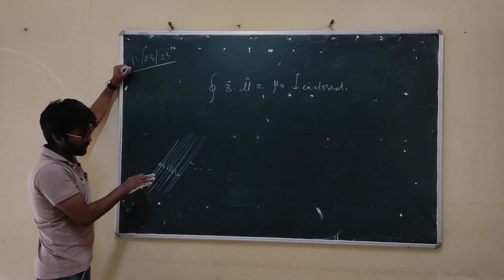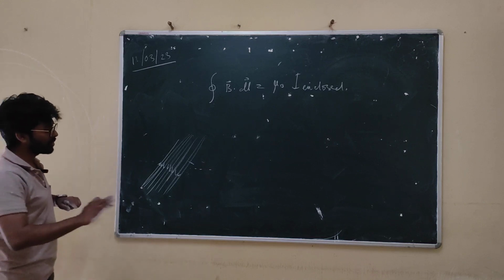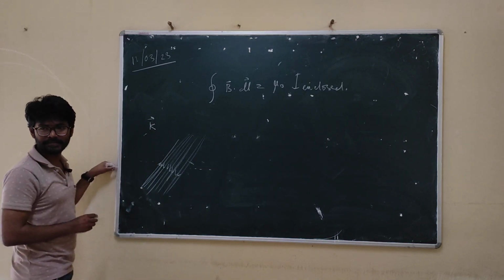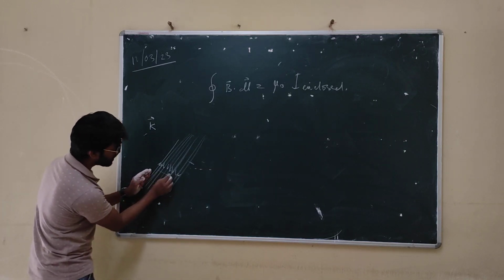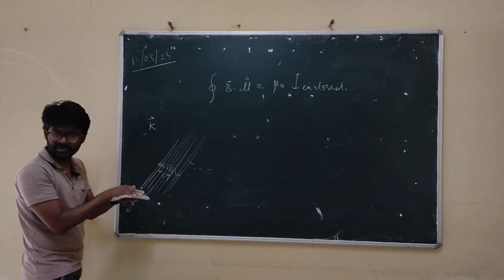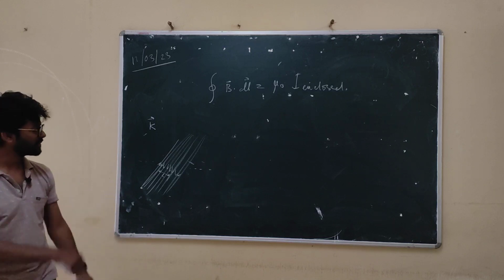Okay? So when you have a current going in a surface, we talk about surface current density. How many currents are passing a particular unit length? That's your surface density. Take a length, how many are going in this direction?